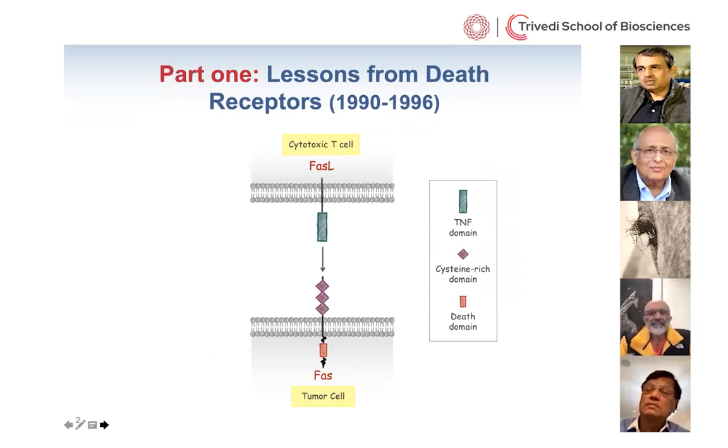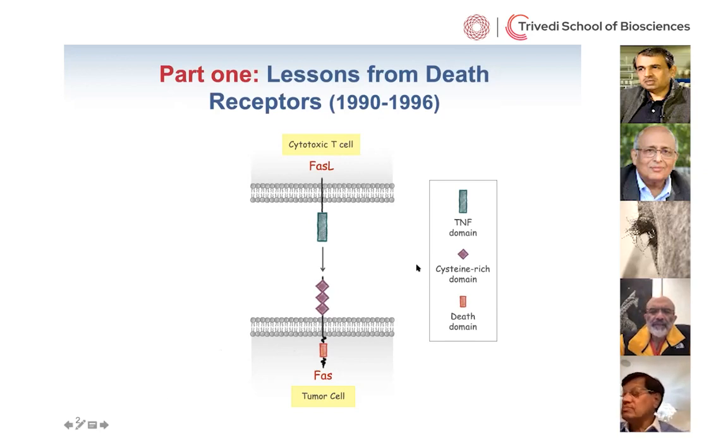Around this time, it was evident that there's a receptor system that, if engaged by cognate ligand or by agonist antibodies, could induce cell death in the recipient cell. The receptor system that we worked on was the TNF receptor and the FAS receptor.